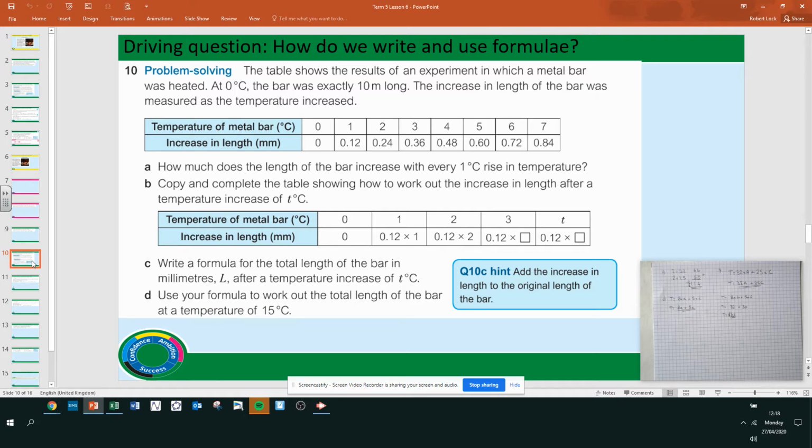Questions. A. How much does the length of the bar increase for every 1 degree Celsius rise in temperature? So looking for the differences. The difference between 0 and 1 is 0.12.